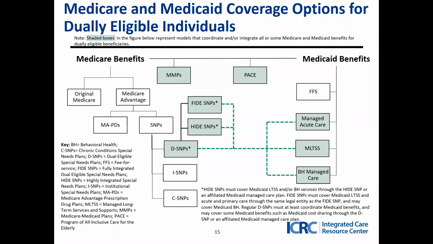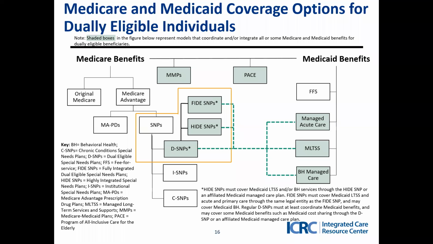This slide shows all the different Medicare and Medicaid coverage options that are available to dually eligible individuals. Next slide, please. And as you can see illustrated in the middle of this slide, among other Medicare coverage options, dually eligible individuals can choose to receive their Medicare coverage from dual eligible special needs plans, otherwise known as D-SNPs.